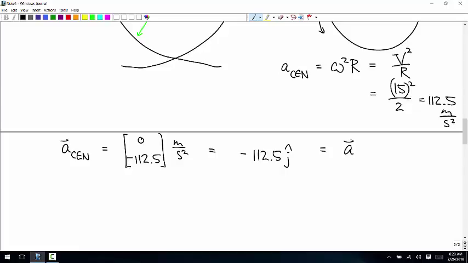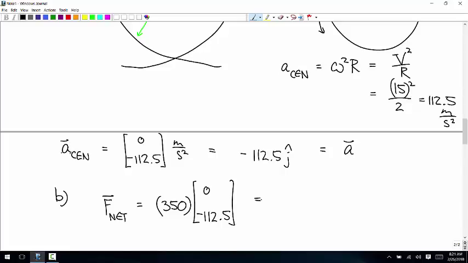The net force at this instant: F net is equal to the mass, and the mass is 350 kilograms, times the acceleration, 0, negative 112.5.